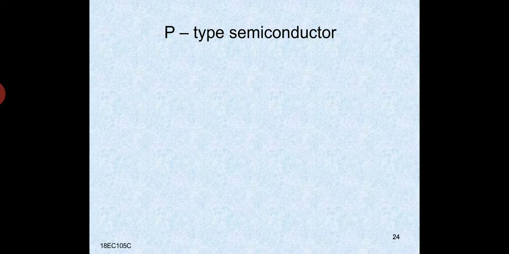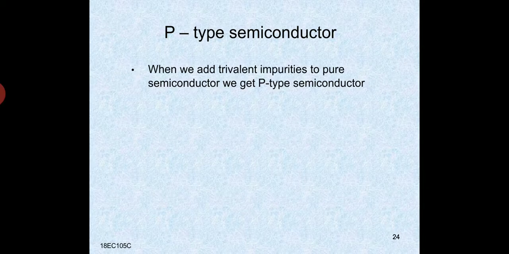Now, similarly, let us discuss the P type of material. Let us see how we are going to generate or prepare a P type of semiconductor. So when we add trivalent impurities to a pure semiconductor, we will get a P type of semiconductor. The impurity we are going to consider is gallium, and we have taken a small substrate of pure semiconductor material.